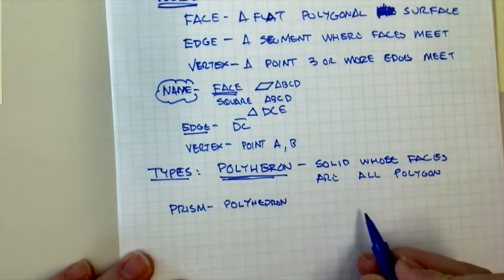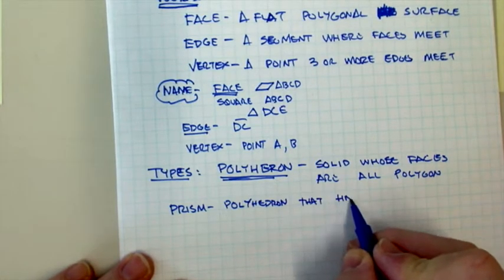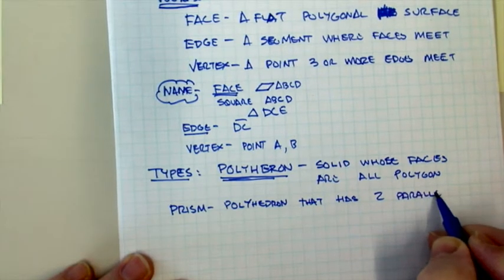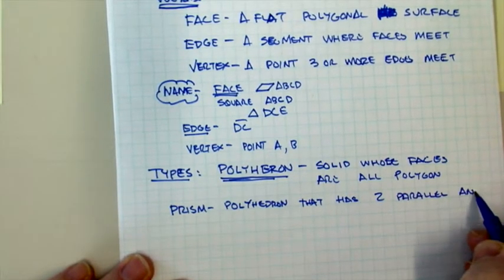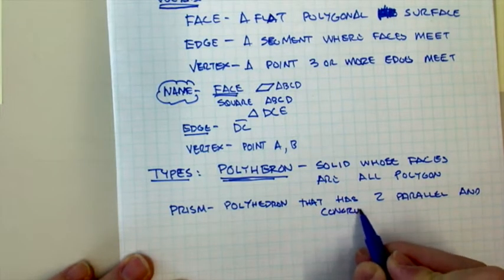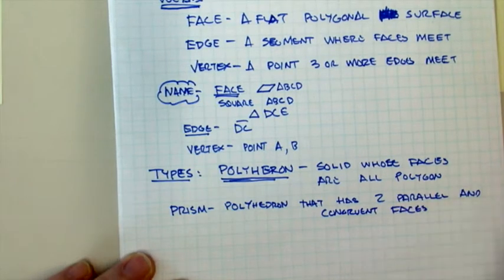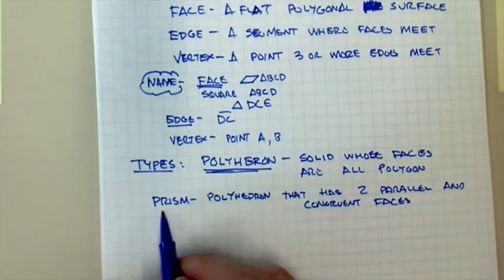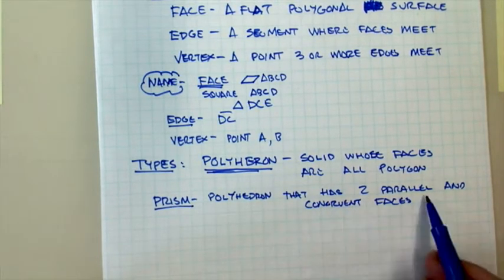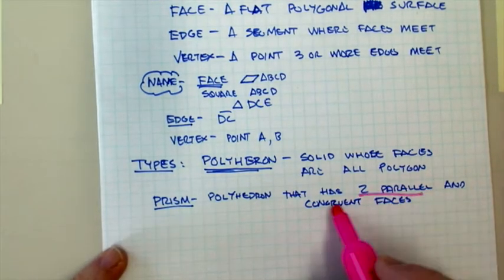But it's a polyhedron that has two parallel and congruent faces. Okay. Time to write that down. A prism is a polyhedron that has two parallel and congruent faces. That's the key in this definition.